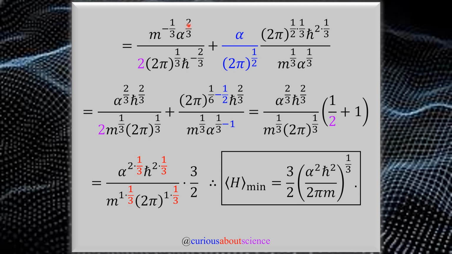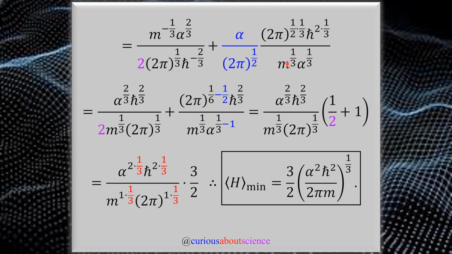Okay, so after we're done with all of those, we see that for the kinetic term, we get a -1/3 for the mass reduction, a 1/3 for the 2 pi constant, and a -2/3 for the h bar. Cool. Now we have to do the same thing on the potential side where we have 1/2 times 1/3 since we took that 1/3 power from outside, put it to all the variables inside, and we just do the same thing.